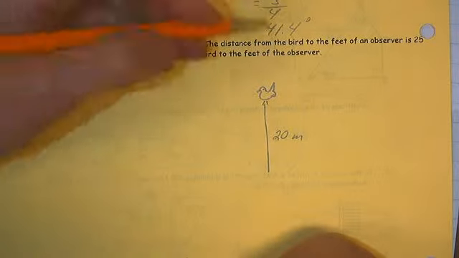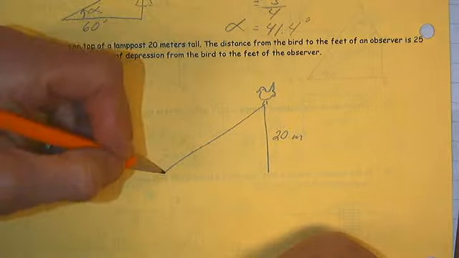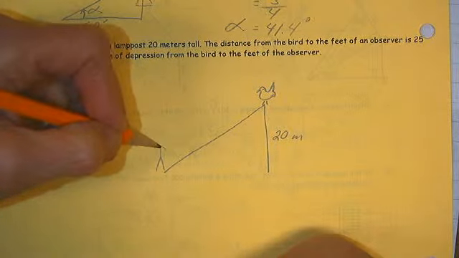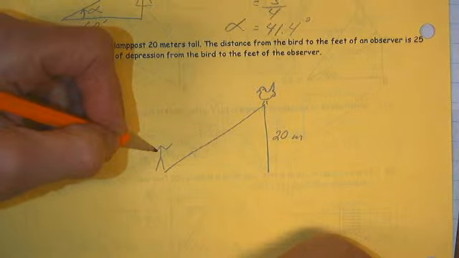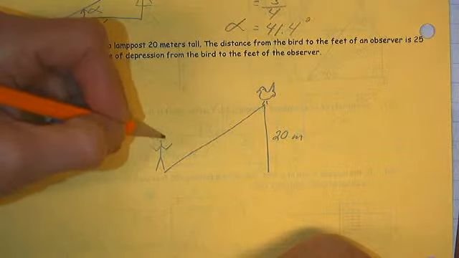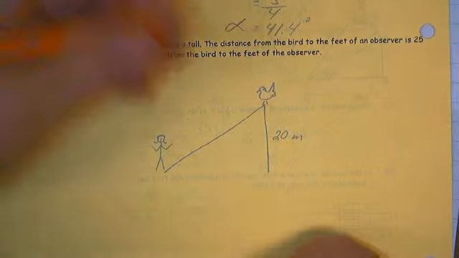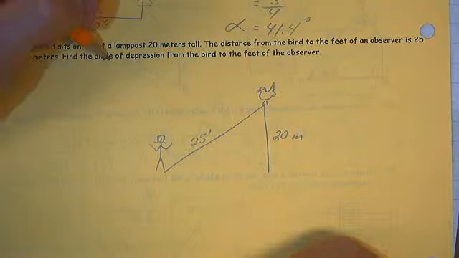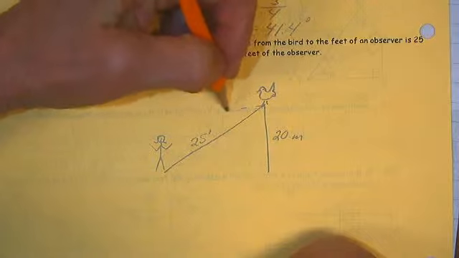The distance from the bird to the feet of an observer, here's the person, is 25 meters. Find the angle of depression from the bird to the feet of the observer.